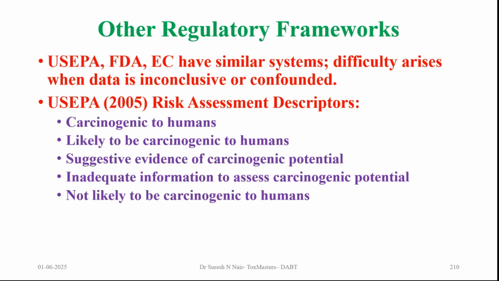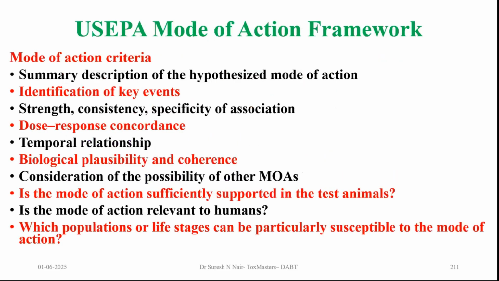So you have the IARC classification, the NTP classification, and the third classification, the US EPA classification. Then this is the mode of action framework for the US EPA, and how it is being done. Again, this is not given in the textbook. This I have taken from the US EPA.